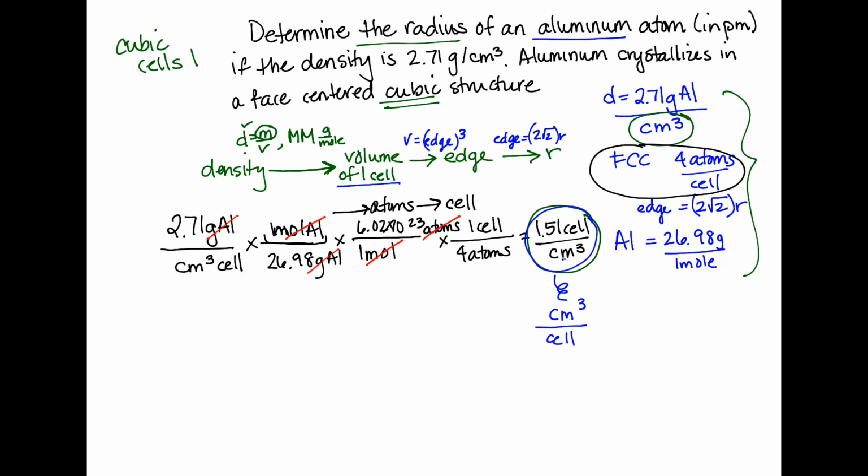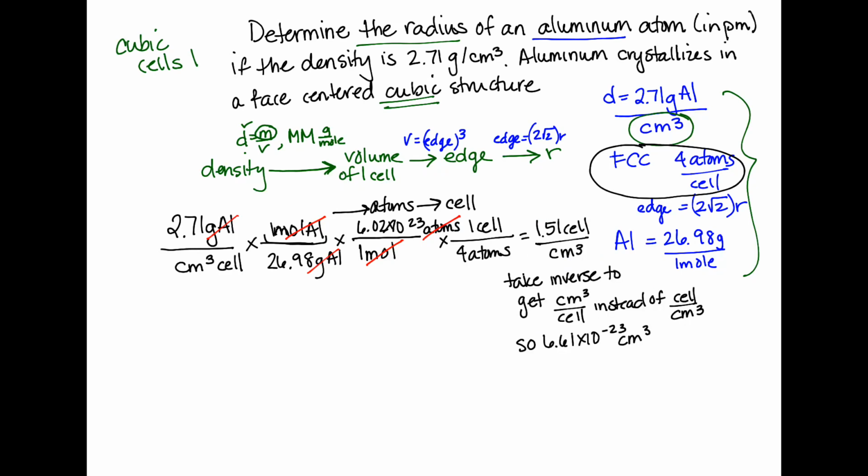When you take the inverse, you can use the 1 over x button on your calculator, or you can just do 1 divided by 1.51. So we need to take the inverse to get cubic centimeters per cell instead of cells per cubic centimeter. And when I did that on my calculator, I got 6.61 times 10 to the negative 23 cubic centimeters. So that's how much one cell takes up.